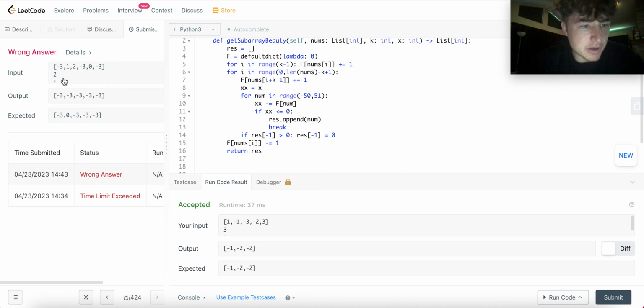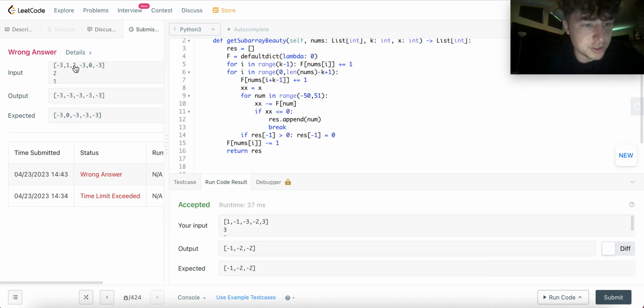For this array, we want to find, for size 2, the first smallest. Okay. So we look at -3 and 1. The first smallest is -3. Then we look at 1 and 2. The first smallest should be 0 because there is no, right?